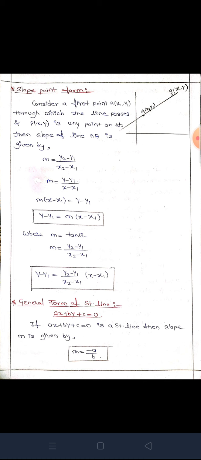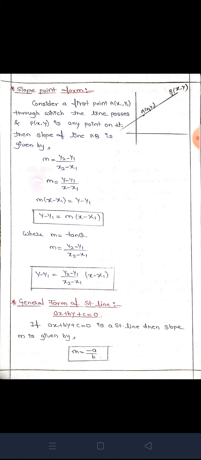So there we have substituted (y minus y1) divided by (x minus x1). Now just shift the denominator of the RHS to the left side. So it is m(x minus x1) is equal to y minus y1. So what is the equation? Rearrange it: y minus y1 is equal to m(x minus x1).